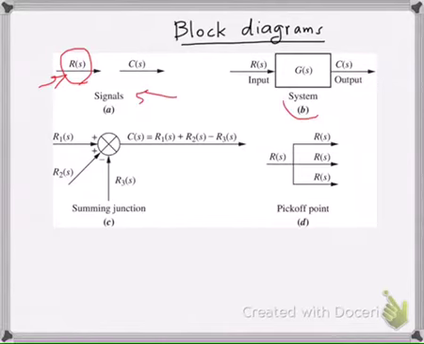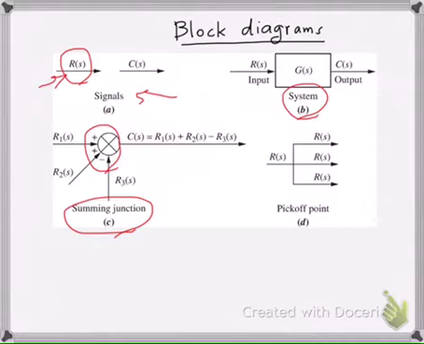Then here we have systems. In systems, obviously it's a block, G of S. The input to it is R of S, and the output is C of S. Then we have the so-called summing junction. This junction takes as input, in this example, 3 inputs, R1, R2, and R3, and it produces an output.